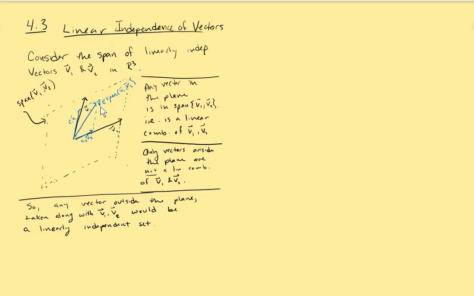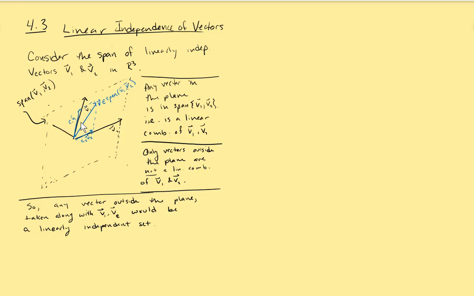Right, so any vector v in the span of v1 and v2 really visually just looks like it sits in the plane defined by v1 and v2. Any vector in the plane is in the span of v1, v2. In other words, it's just a linear combination of v1 and v2. But keep in mind, that means only vectors that point outside of this plane wouldn't be. Let's see if we can draw one pointing outside the plane.